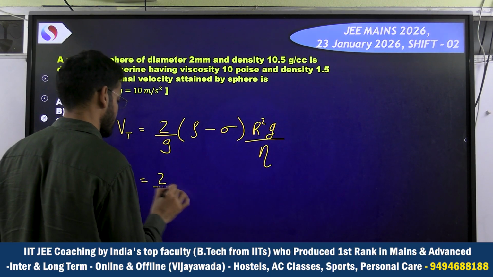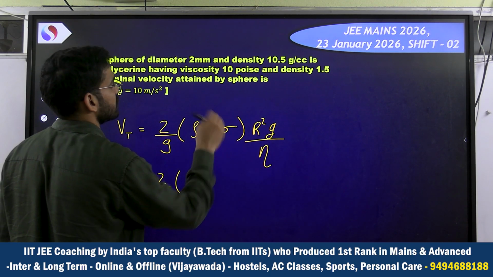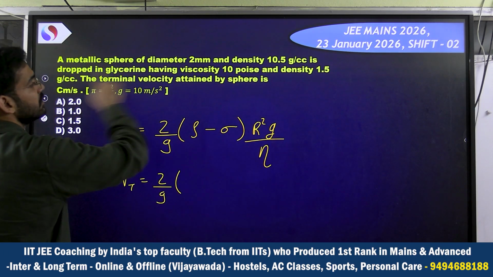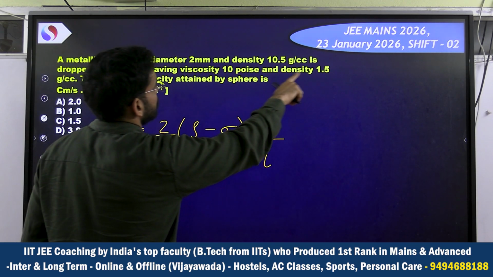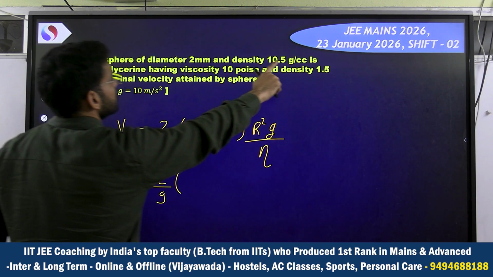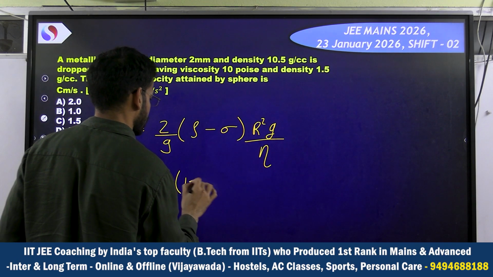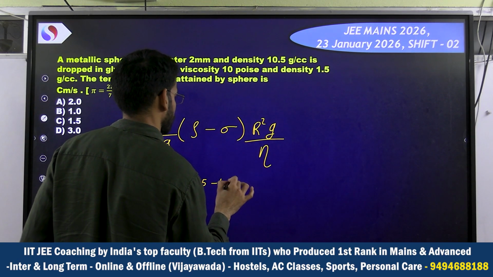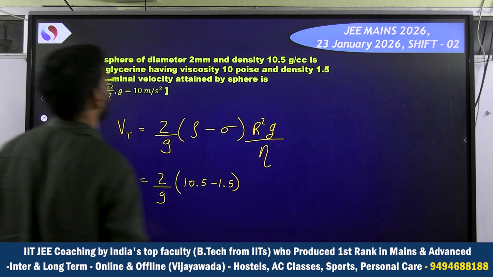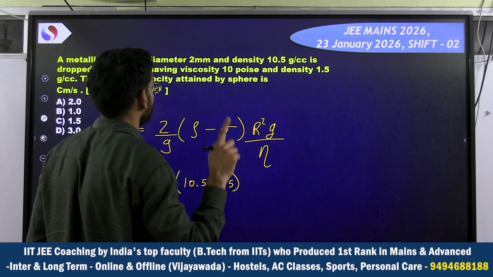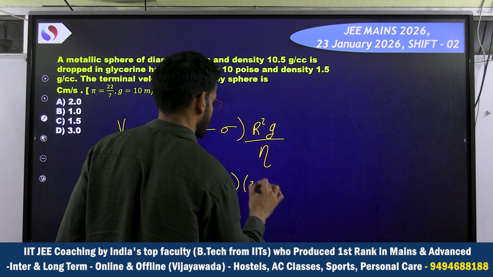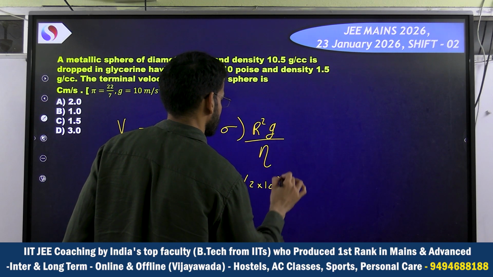Terminal velocity is 2 by 9, rho minus sigma, so density of the sphere is 10.5 and glycerin is 1.5, so 10.5 minus 1.5, into r square. The radius is 2 mm, get it in centimeter.